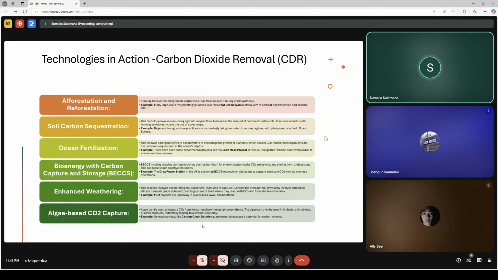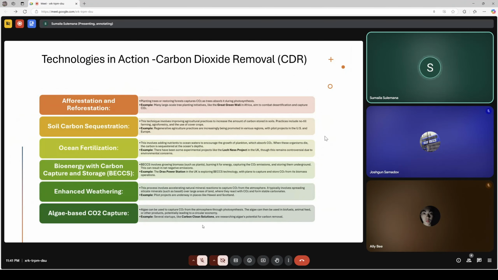There are pilot projects underway in places like Hawaii and Scotland. What people also look at in enhanced weathering is spreading these favorable rock units or minerals on farmlands, or agricultural lands, and capturing CO2 that way.